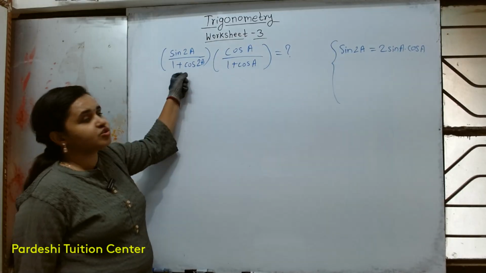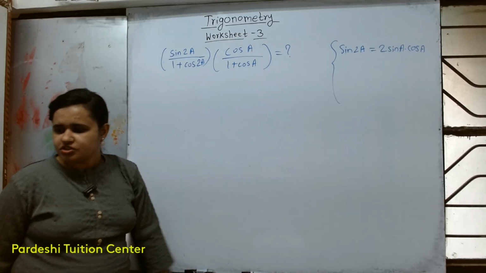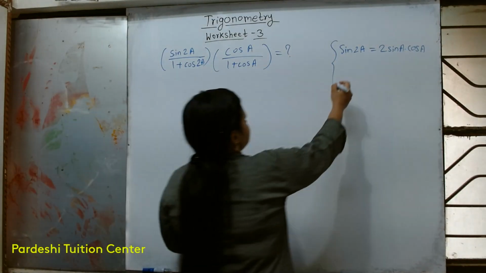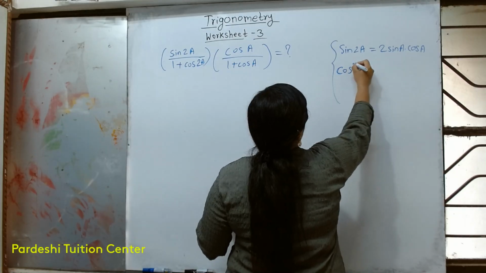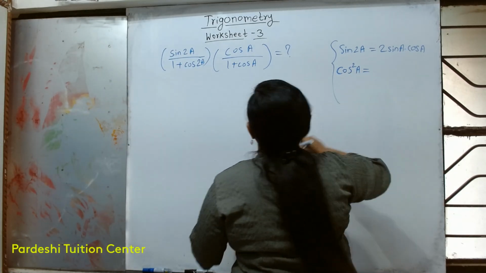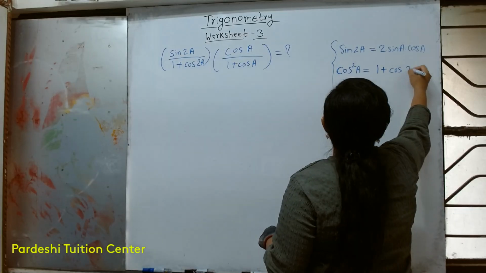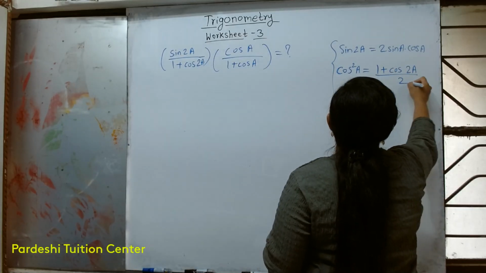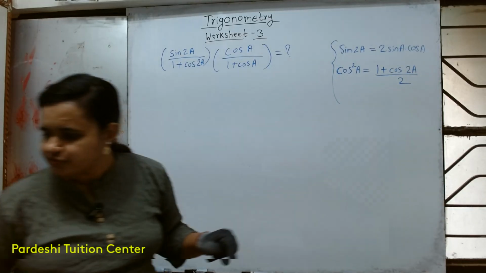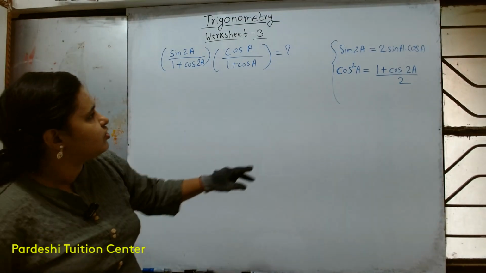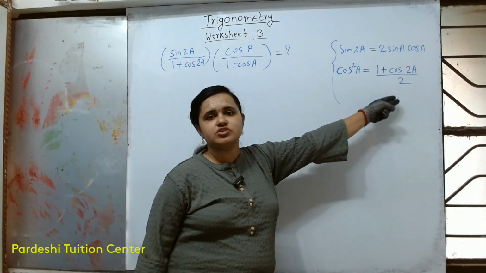Now 1 plus cos 2a. That was the formula for cos square a: cos square a equals 1 plus cos 2a upon 2.